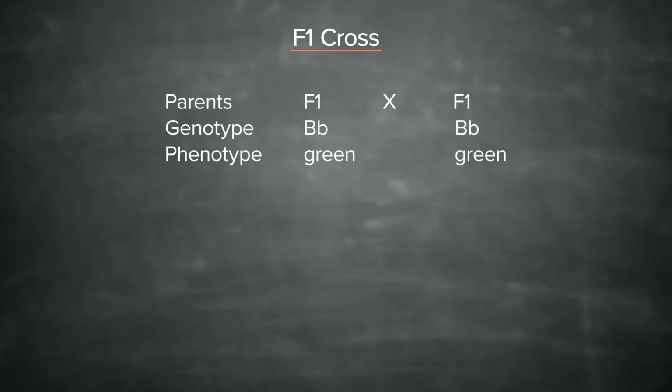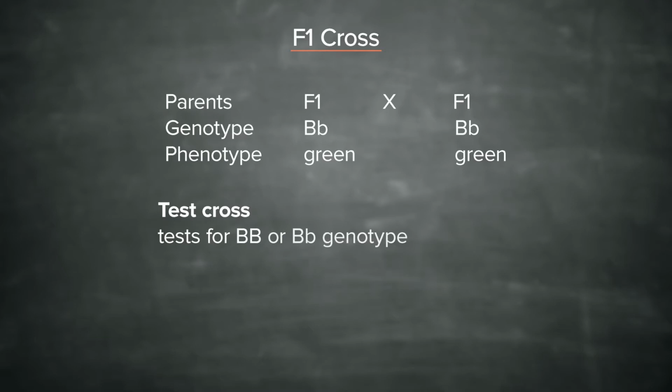And then the last thing I want to tell you, which I'll put on the same board here, is something called a test cross. You may not know what the genotype of the parents are. You might want to figure this out. You might think, are the parents big B, or big B, little b?